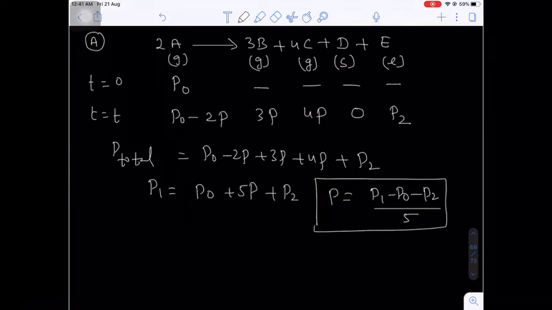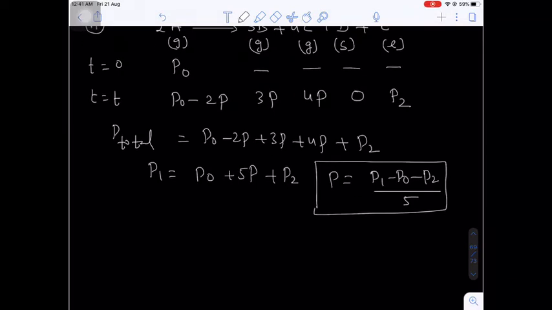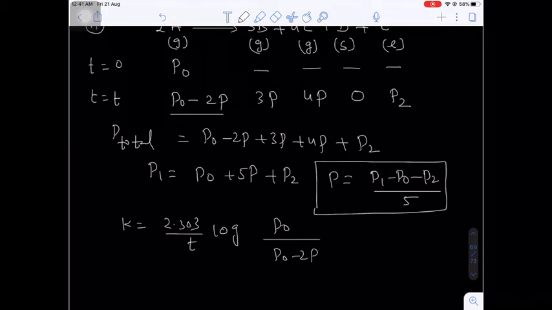Once I know the P value, shall I find the rate constant? Yes, K is equal to 2.303 divided by T log of the initial partial pressure of the reactant, P0, and the partial pressure of the reactant at a certain time interval, P0 minus 2P. I know the P value.